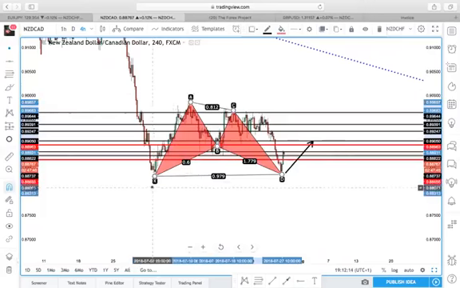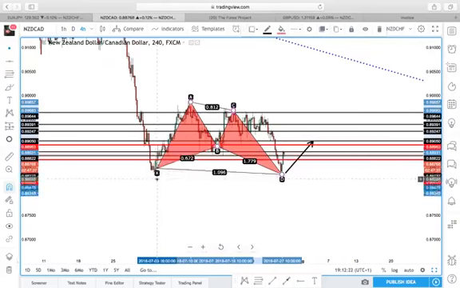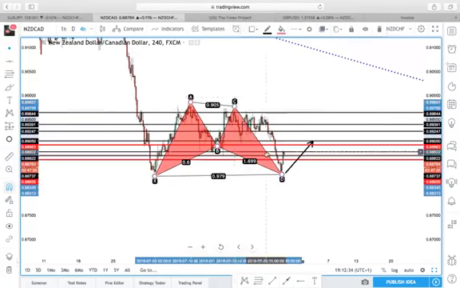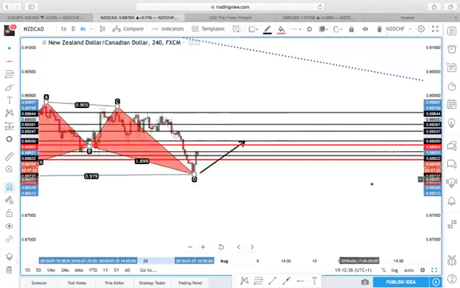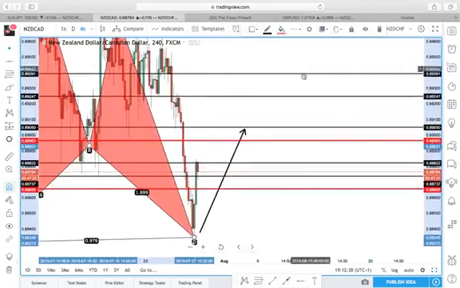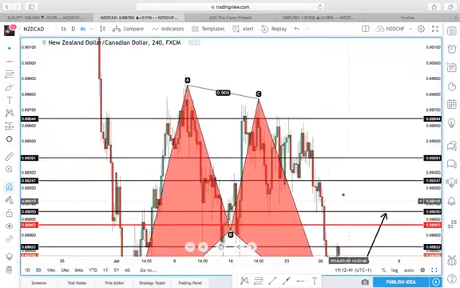And they also have to be the points of the M or the W. So if you can adjust these on the wick and make these numbers work, then you have a real harmonic pattern. But if you're adjusting them and they're touching the candle body, then it's not a valid pattern.